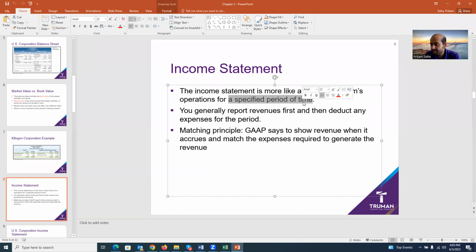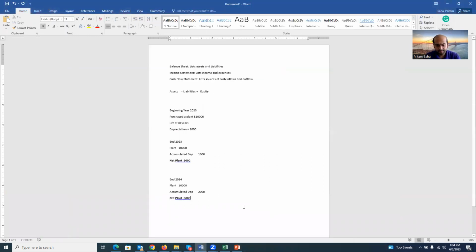One of the major difference between income statement and cash flow statement is like income statement record all the income and expenses when it is earned. On the other hand, cash flow statement record all the income and expenses when it is paid or received. Let's make an example. So let's say you decided the fiscal year or calendar year for your company is Jan to December, okay?